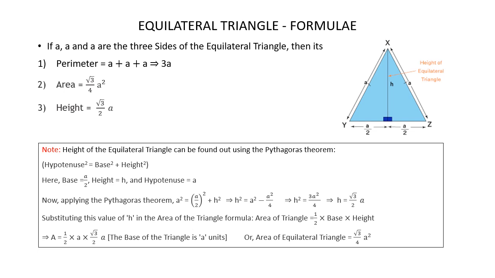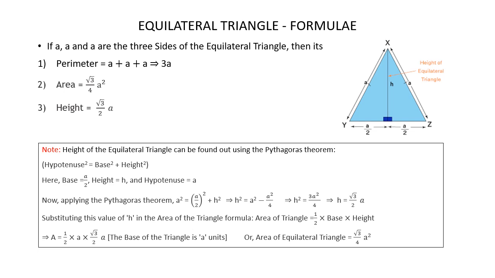This perpendicular also divides the base into two equal halves. Now we know that the base YZ is equal to a. So each of these halves would be equal to a by 2. Now let's find out how the height of the equilateral triangle has been derived.